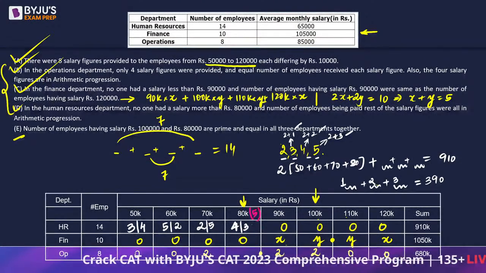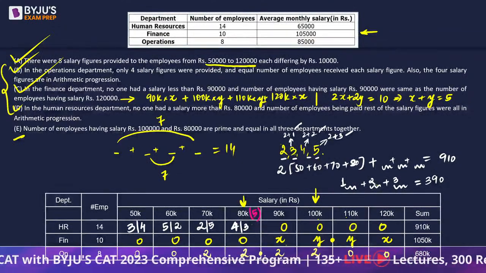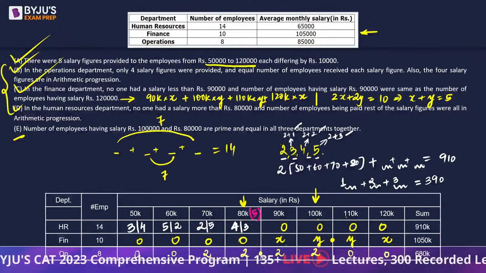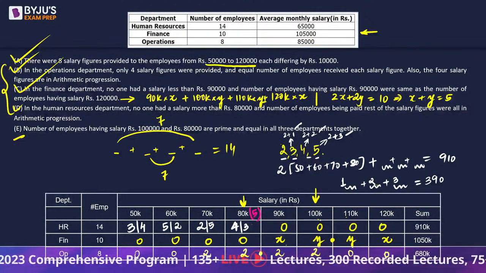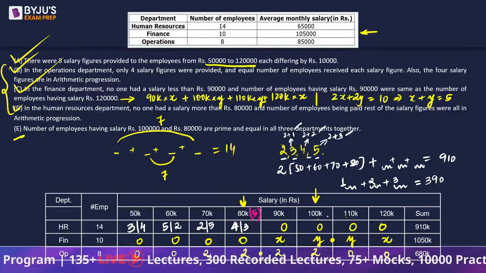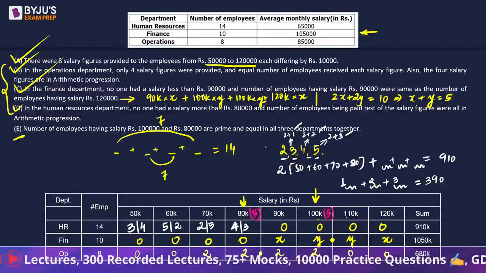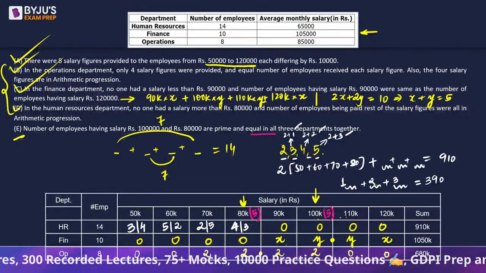So this is a prime number, right? And for 100,000, since this is 5, this should also be 5 because they both are the same. They are equal in all the three departments together, 5 and 5.